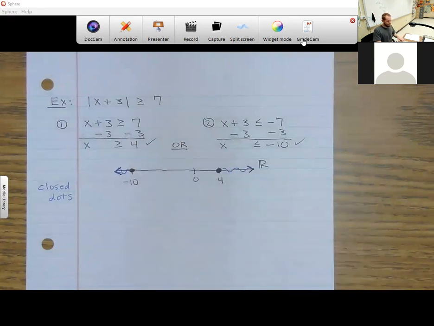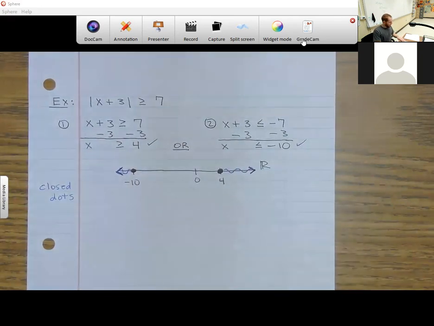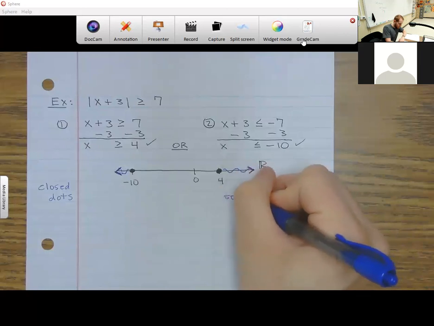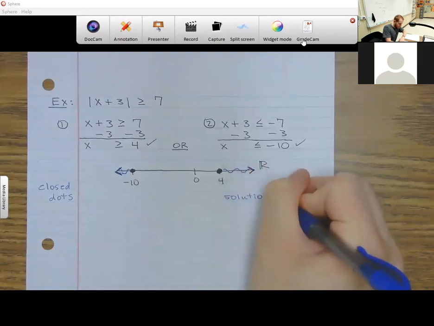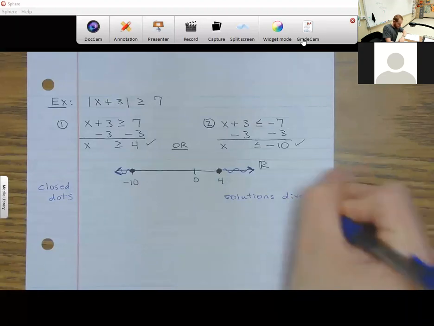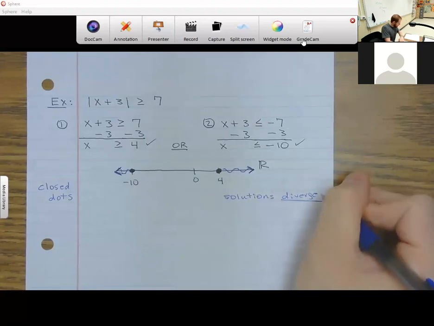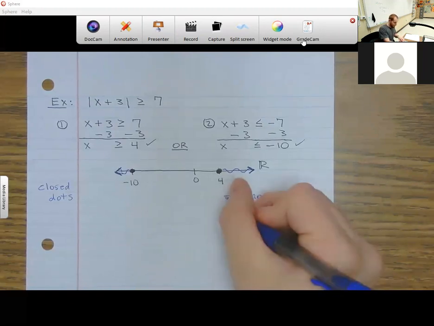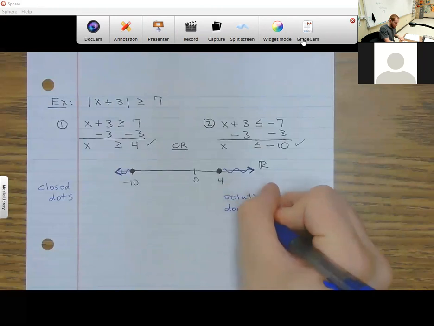Perfect. Okay. And that's it. Okay. So notice the answer is going to be diverging. The solutions diverge. They don't meet in the middle, right? Don't meet in the middle.